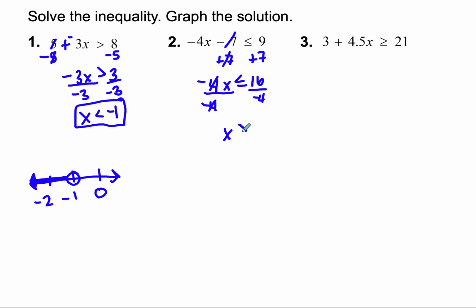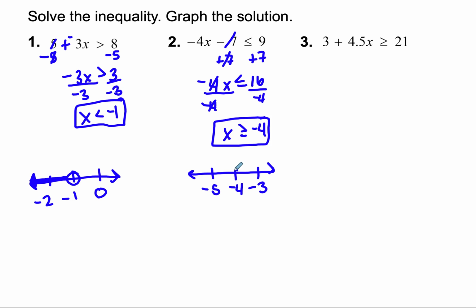X is greater than or equal to negative 4. 16 divided by negative 4 is negative 4. Remember, with multiplication and division, same sign, positive, different signs, negative. That one had different signs, so our solution is negative. Negative 5, negative 4, negative 3. The numbers are in the opposite order that they would be if they were positive numbers.